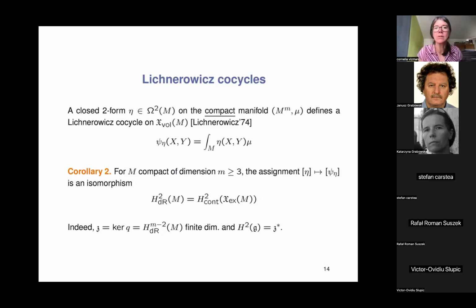These are associated to closed two forms. We have a closed two form, and we insert the divergence-free vector fields. You see, this works also for divergence-free vector fields. We don't have to necessarily pass to exact ones. And we integrate with the volume form, and these are the Lie algebra cocycles.